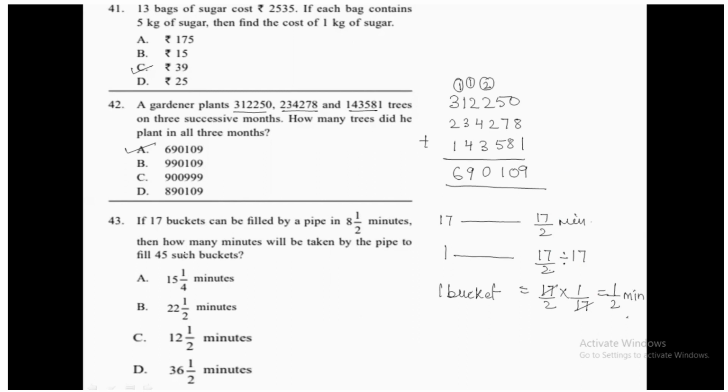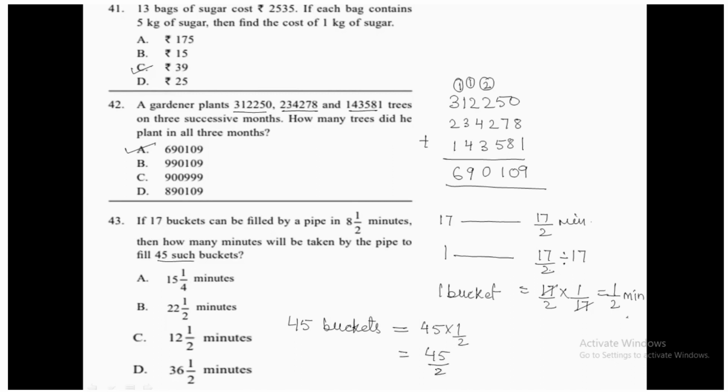Now the question is asking how many minutes will be taken by the pipe to fill 45 such buckets. If to fill one bucket the pipe is taking 1 by 2 minutes, then for filling 45 buckets the pipe will take how many minutes? So 45 multiplied by 1 by 2 equals 45 by 2.